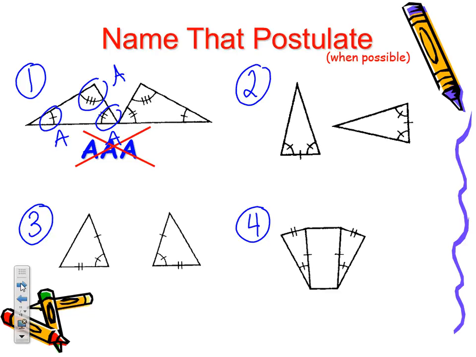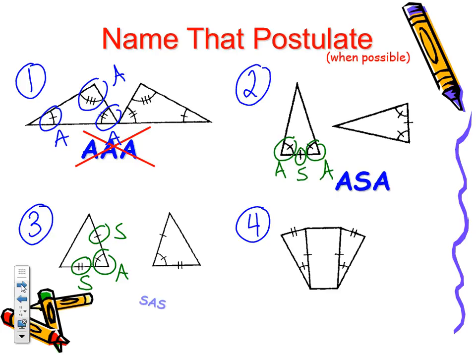We cannot have that. If we look at this one right here, we have angle, side, angle. So that's what this one is. Angle, side, angle. This one, we have a side, an angle, and then a side. So we're going to say side, angle, side.